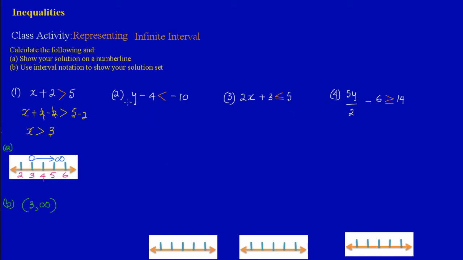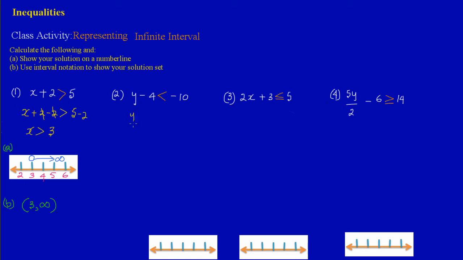Let's move on quickly to the second. Again, we're going to just manipulate this, or do what we usually do in an equation when trying to find the value of the variable. So we see a y minus 4, so the opposite of a minus 4 would be a positive 4.